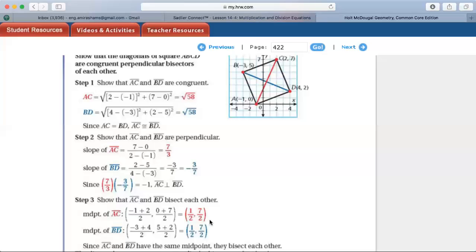When I finished my calculations, I found that the midpoints of both AC and BD are equal. So when the midpoints are equal, this means they divide the line into two equal parts. So they bisect each other.